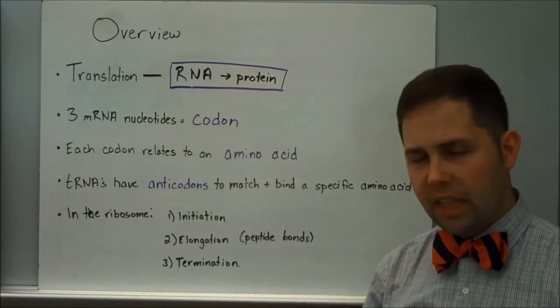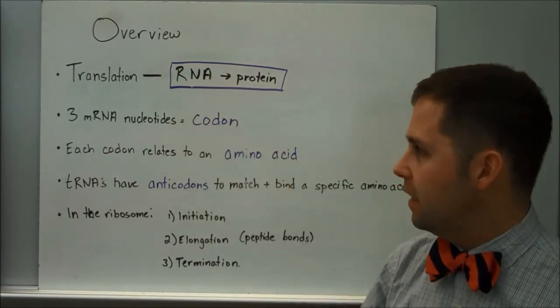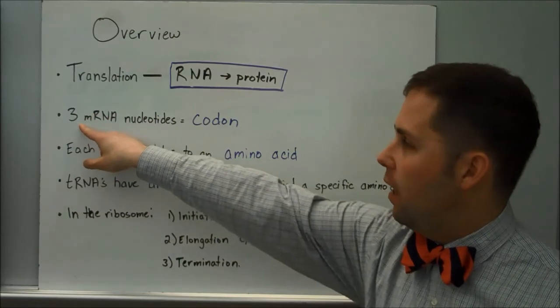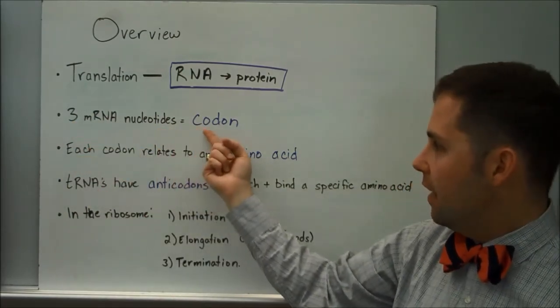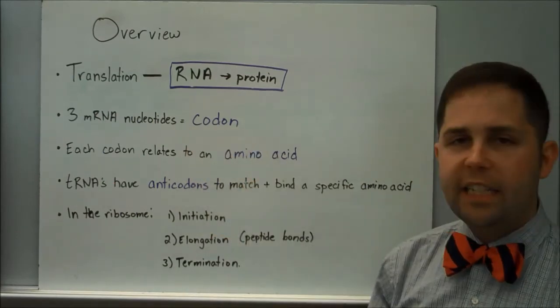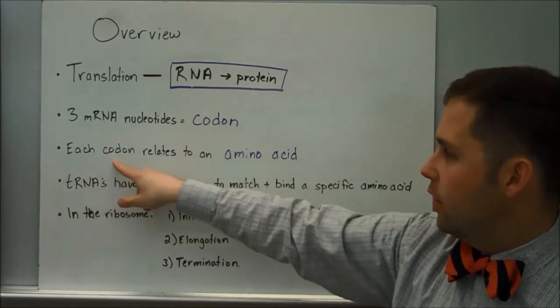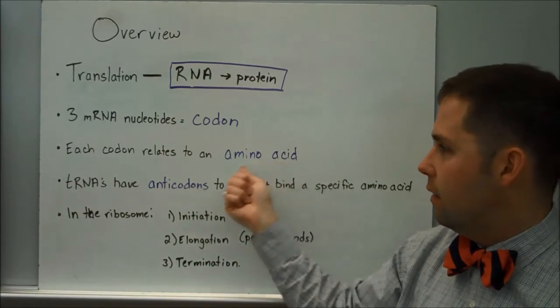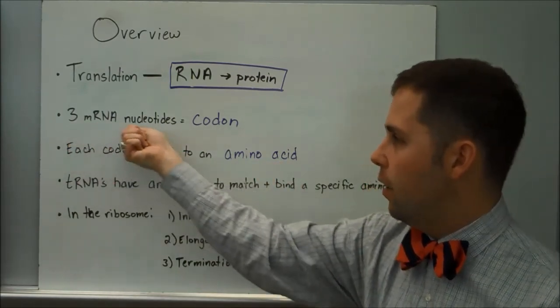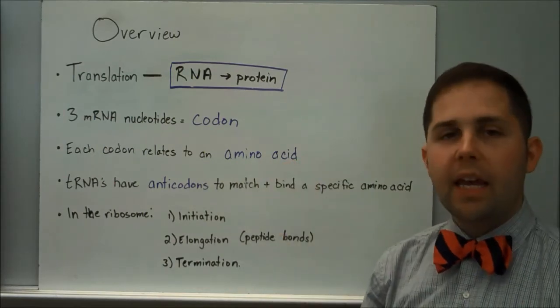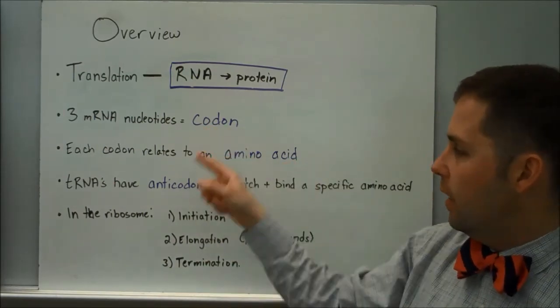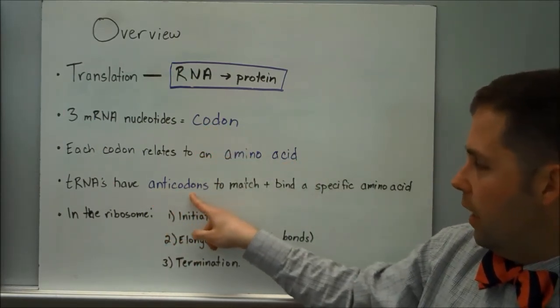The important things to know about translation are that you have mRNA nucleotides, and when you put 3 of them together, that's called a codon. Each codon is going to relate to an amino acid. So each set of 3 mRNA nucleotides is going to relate to an amino acid. In the cell, these codons match up with an anticodon.